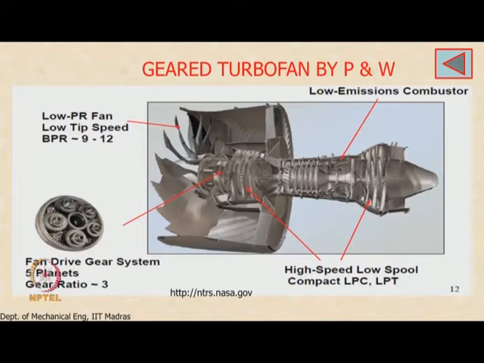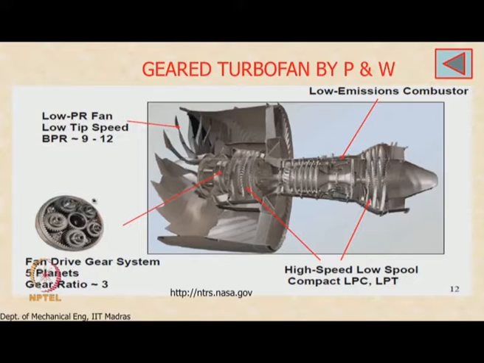But the biggest challenge was in realizing a gearbox which would work. As I mentioned some time ago, the amount of power that this gearbox has to transmit is of the order of about 30,000 horsepower for a high bypass ratio turbofan engine.